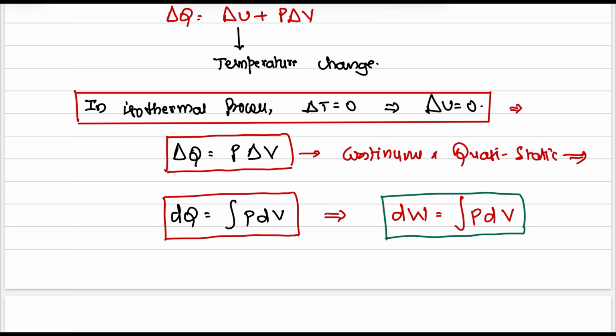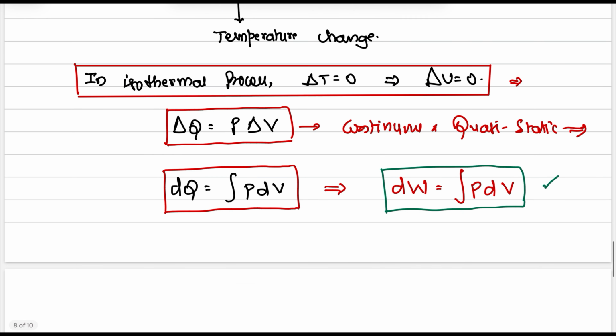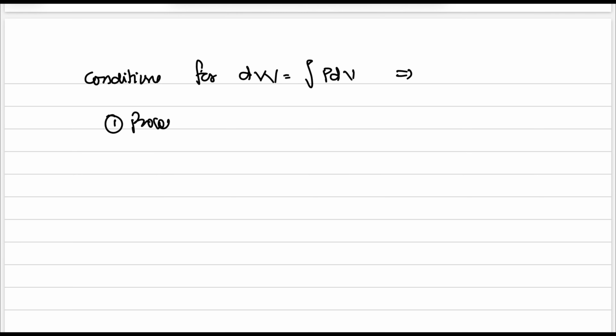What are the conditions for this? Please, this type of questions do occur in your examination. What are the conditions for dW is equal to integral P dV? One is process to be very slow, quasi-static.